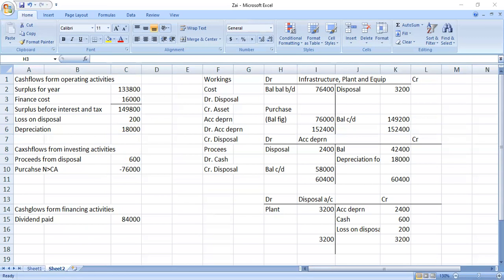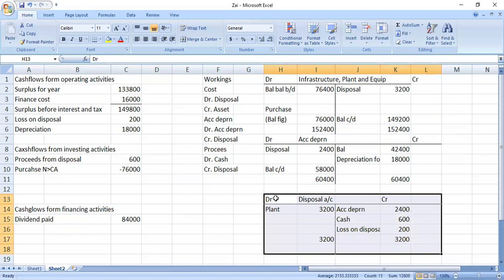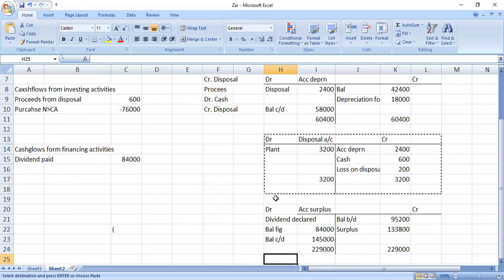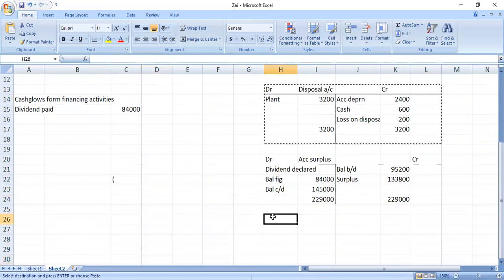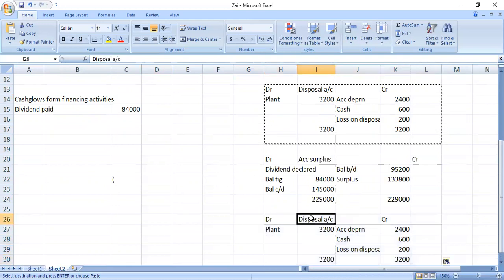So therefore I'll come and say T account for what? For interest. T account for my interest. Okay. Say interest account.